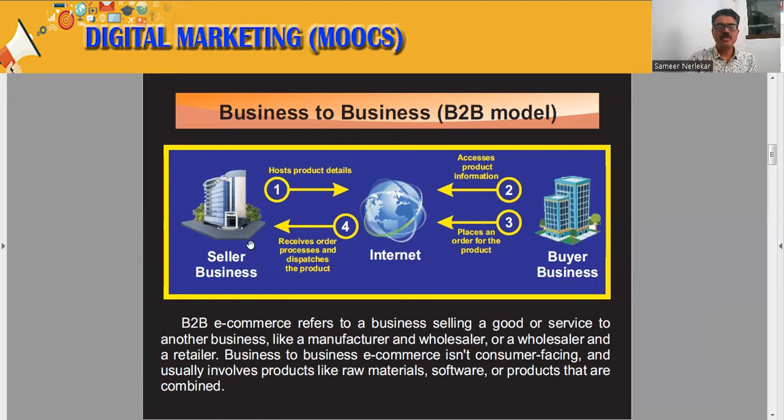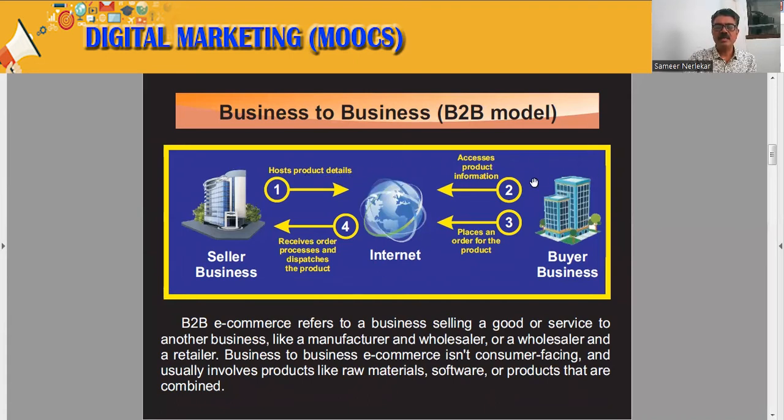What happens is, on one side there is a seller who is a businessman and the buyer is also a businessman. There is no layperson or common man involved in this particular transaction. On both sides, businessmen are there. At the first stage, the seller businessman hosts the product details on the internet.